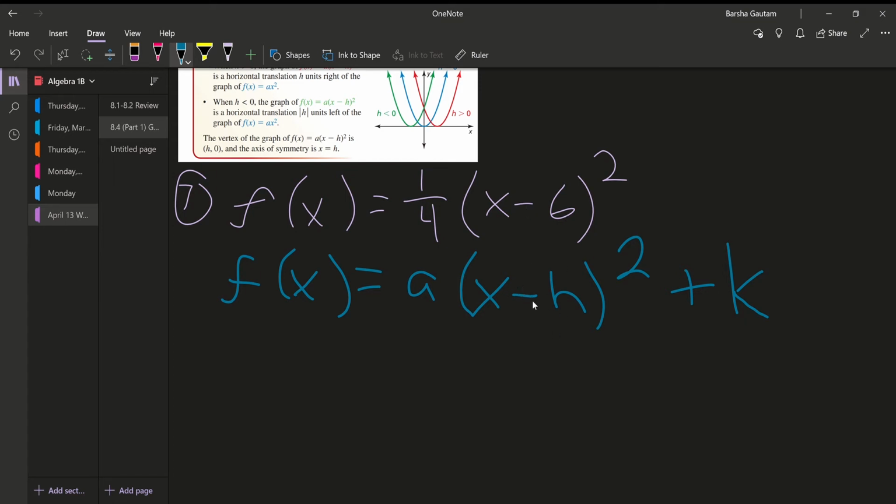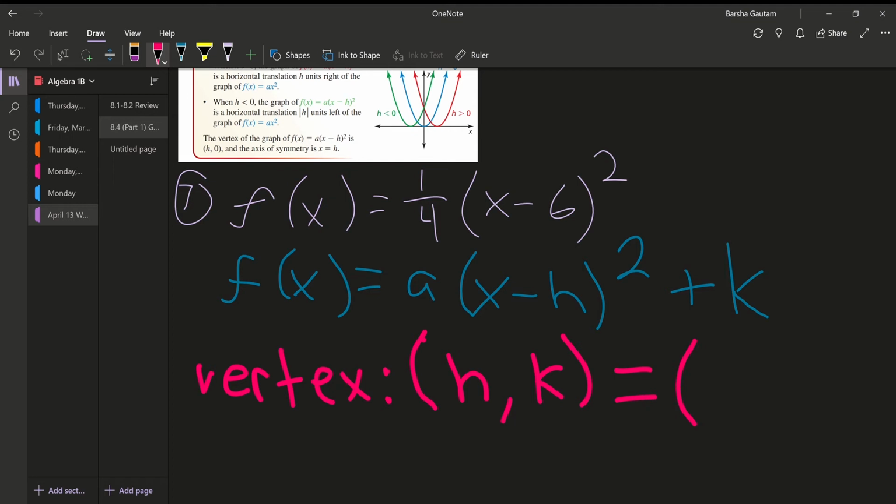So it's going to be our vertex. Actually, let's do some different color. Vertex is (h, k), which is equal to, in this case, our h is 6.